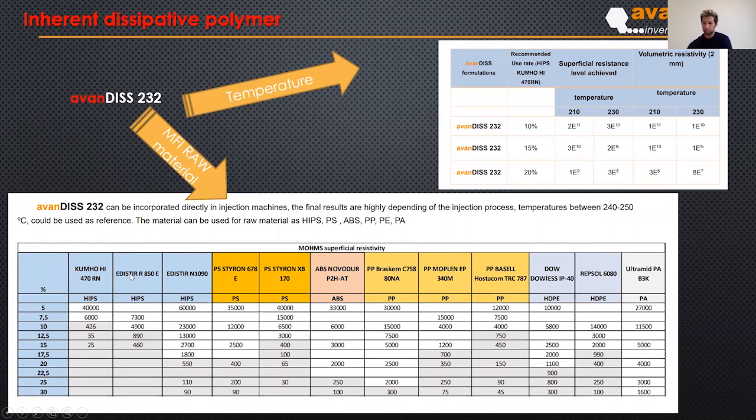If we do the same with the XDIR, even with 50 it's not possible. But with this other XDIR, for example, we need 25% to get less than 12. It is related to the MFI, it is related to the temperature, everything affects this. We need to make some trials with your material, the inherent dissipative polymer and the raw material to know exactly which is the real concentrate, the real formula and the real activity, which is the best recipe to do that.